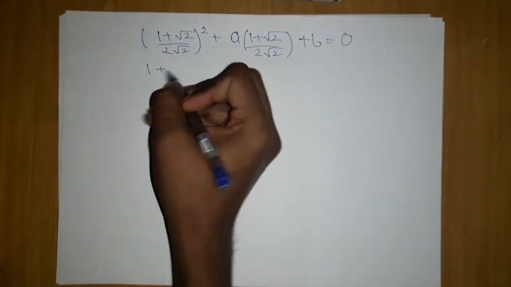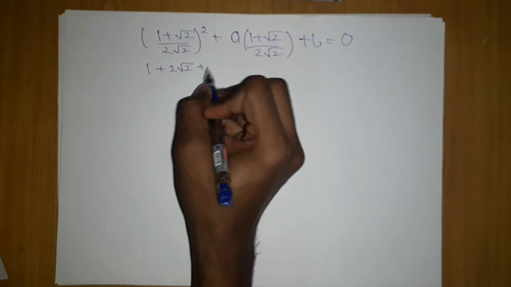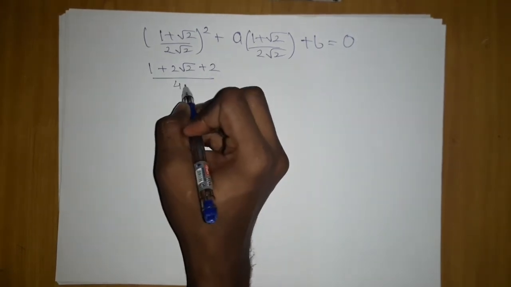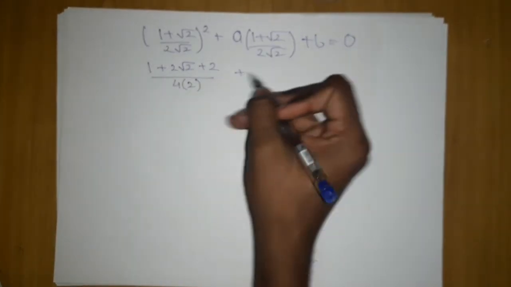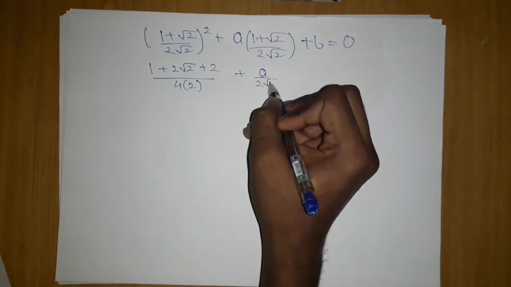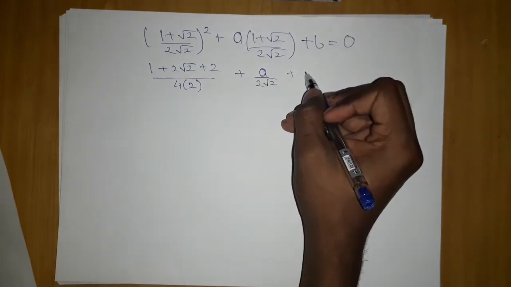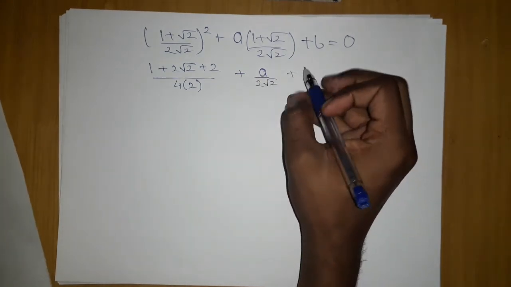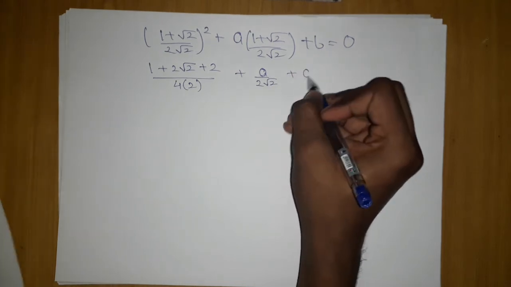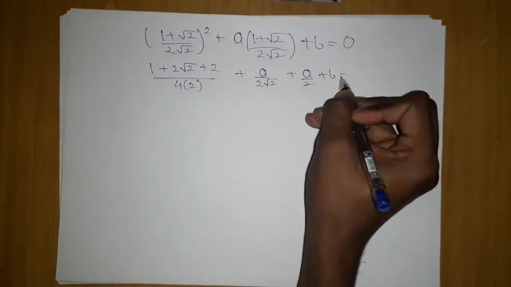Now this is 1 plus 2 under root 2 plus 2, upon 4 into 2, and this is a upon 2 under root 2, and this is a by 2, plus b should be equal to 0.